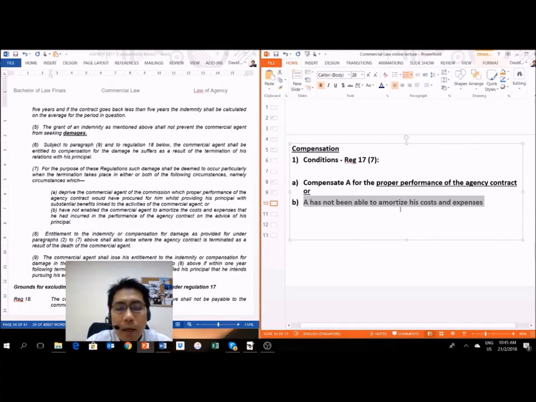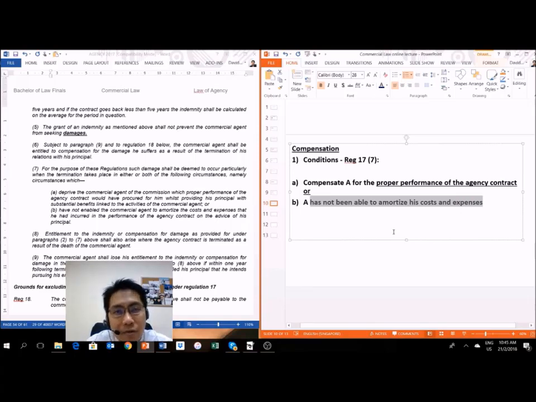And all this of course will be costs he will want to recover from the profits, and he may have 5 years to do so. But it could be that due to his own incompetence, maybe due to rising costs, or even slow profits, he has not been able to amortize his costs and expenses. Then that is where we now have to compensate him.